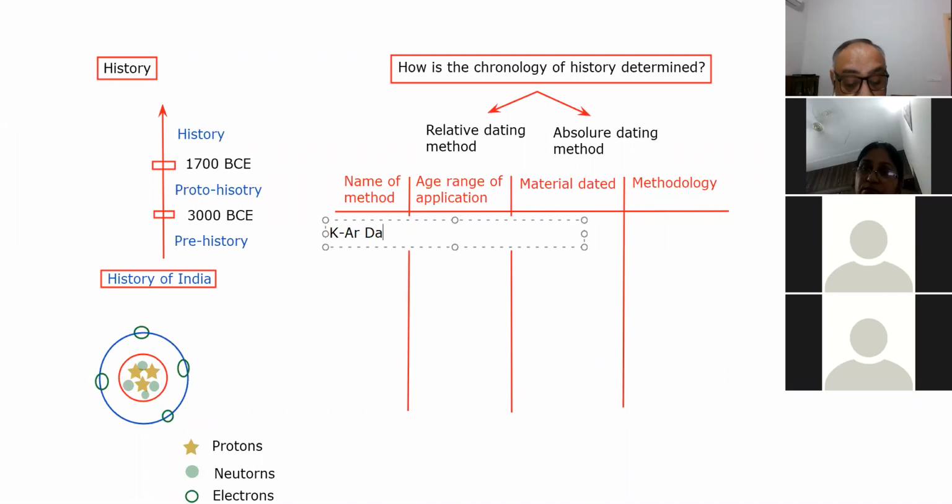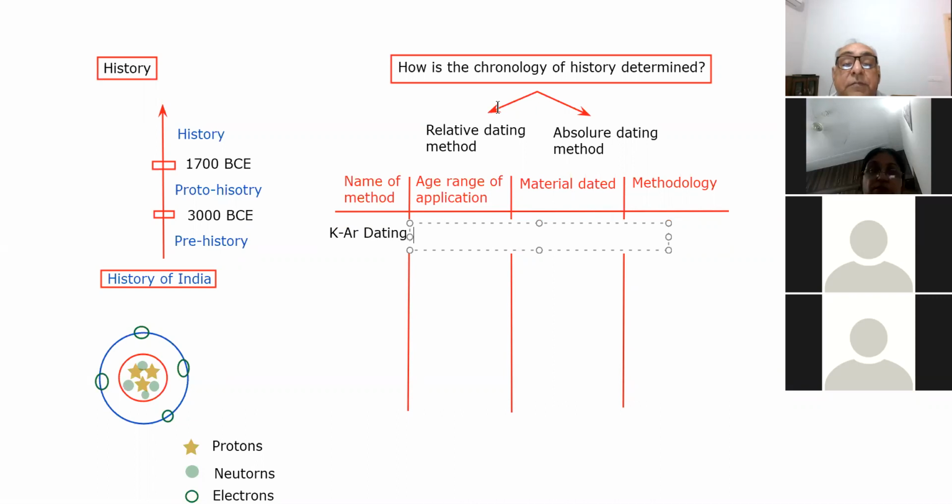You can write it KAR dating, right? K is for potassium, potassium argon, and AR is for argon, right? So beta, basically in this method we usually measure the decay of potassium isotope into argon isotope, right?